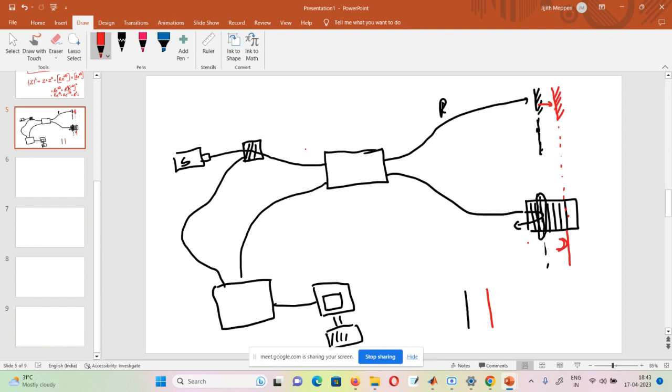If you are using a source which has a long coherence length, then if your mirror position is at this position also, or this position also, the source can form an interference pattern here also, here also, here also.